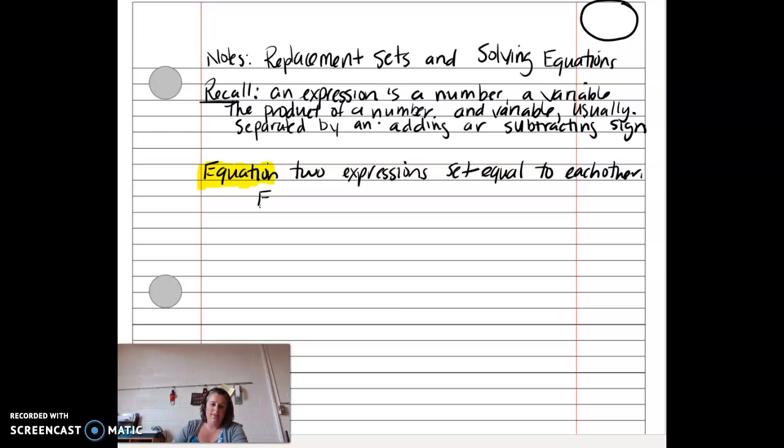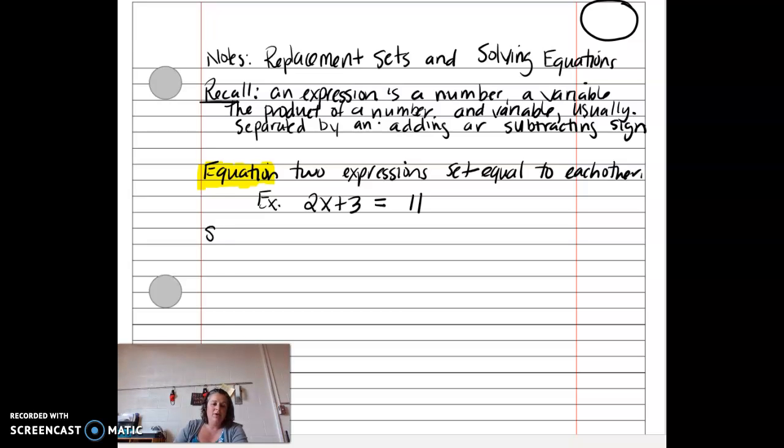So for example, if I give us the expression 2x plus 3, this one's made up of two terms, and I set this equal to an 11. 11 is an expression just made up of one term, happens to be a constant term. We do have an equation. Anytime you have two expressions set equal to each other, you have an equation.